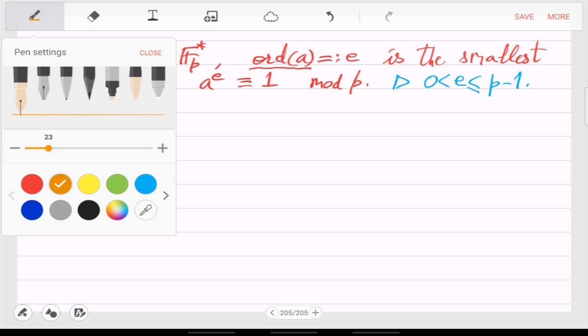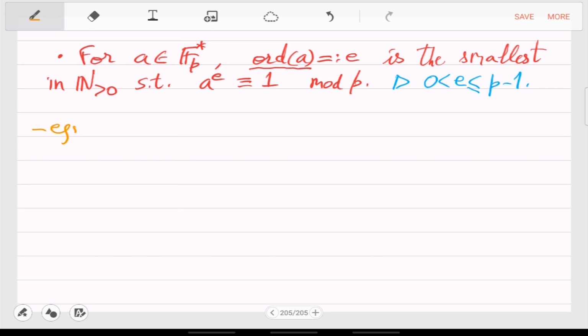So do we have examples? What is the order of 2 in, let's say, F3? Yeah, so 2 is minus 1, and its square is the first time you get 1, right? So this is 2.